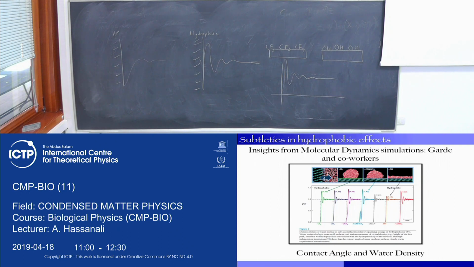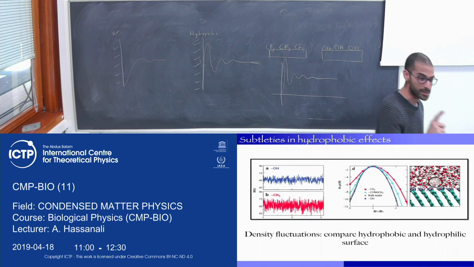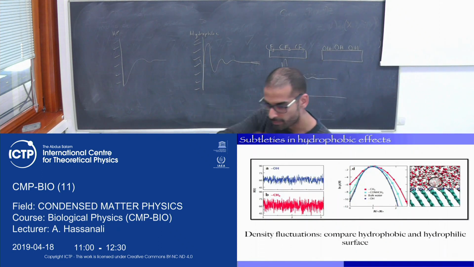So what does then? Well, what does is fluctuations. There's a difference between looking at the average density and the fluctuations in the densities. The answer to a microscopic or molecular measure of hydrophobicity comes from the fluctuations.